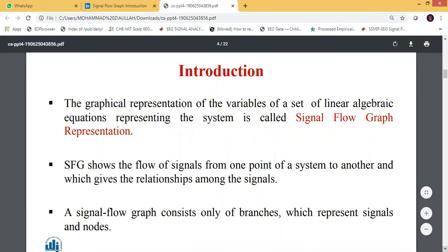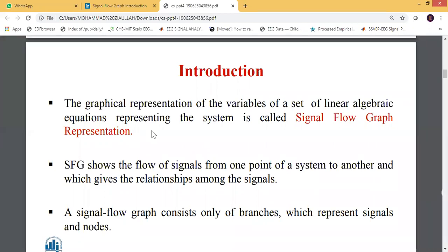Whatever block diagram we had in the earlier module will be represented by a set of algebraic equations, and those algebraic equations are the equations for the given signal flow graph. What the signal flow graph will give you is again the transfer function, the flow of the input variables towards the output side.